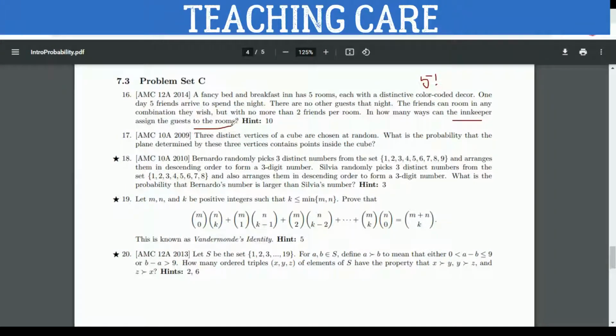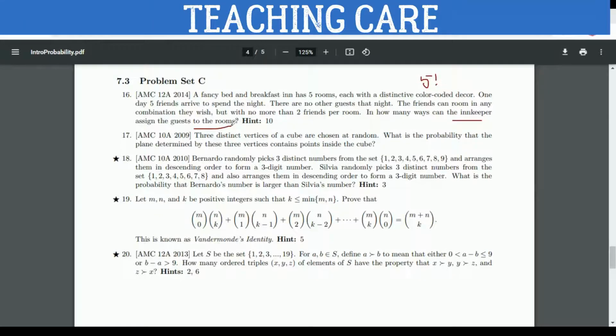One second, let me think. No, we have to go by this only. See, each room, first case, I will take it to be each room will have 1 guest. So we have 5 guests to choose for the first room, 4 for the second one. So totally it is 5 factorial, as you told, 120.